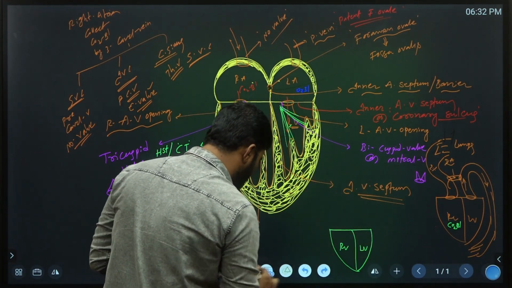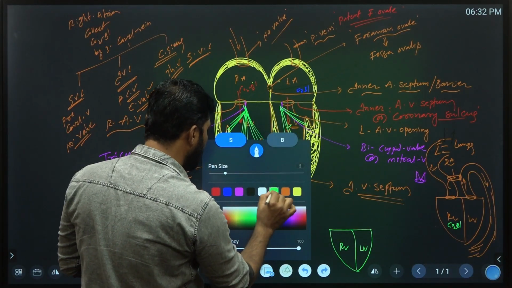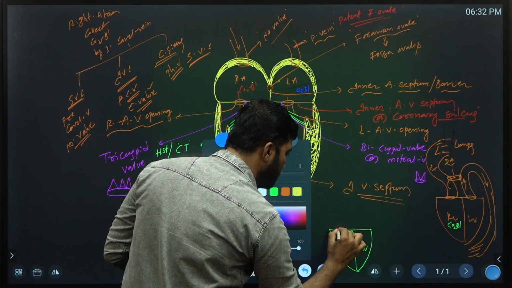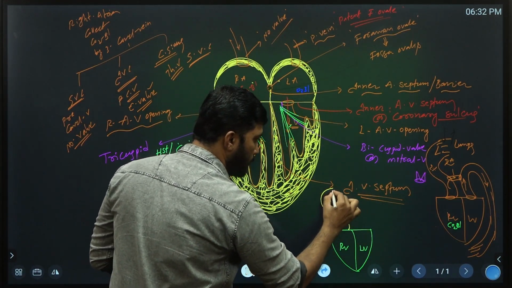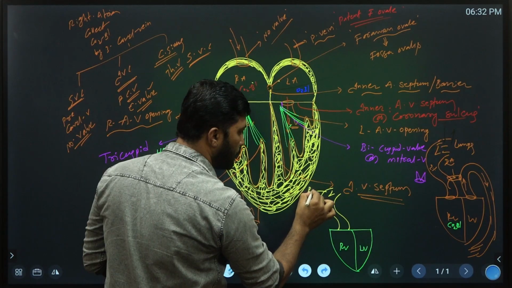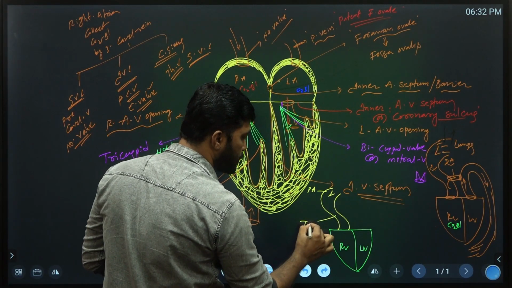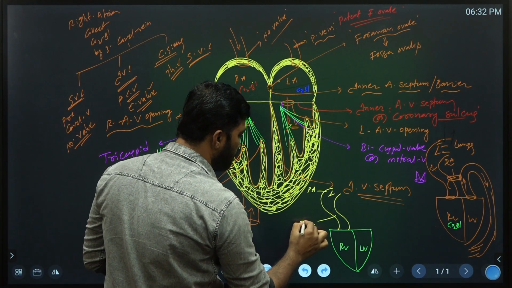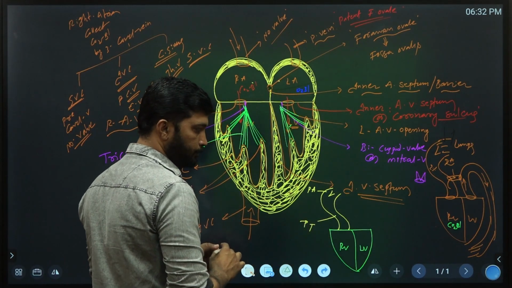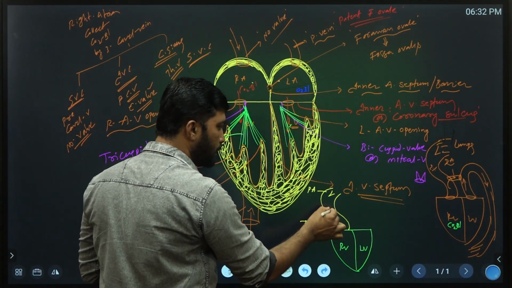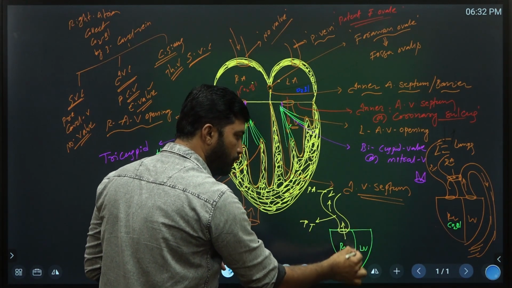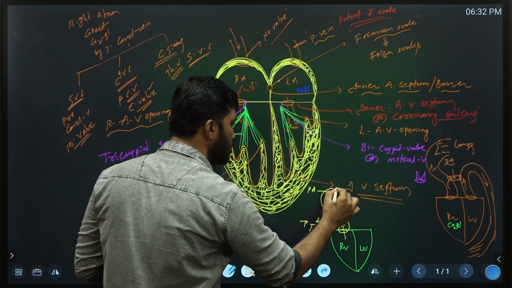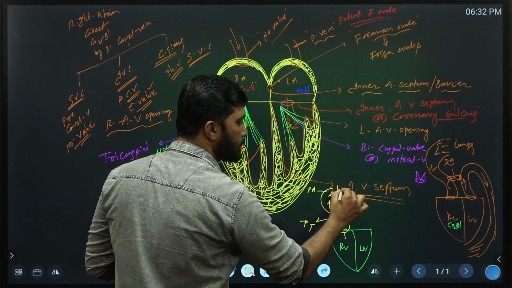Right ventricle's blood is captured by the pulmonary trunk. This is the pulmonary trunk. The pulmonary trunk divides into the pulmonary arteries, and carries the deoxygenated blood from the right ventricle towards the lungs.